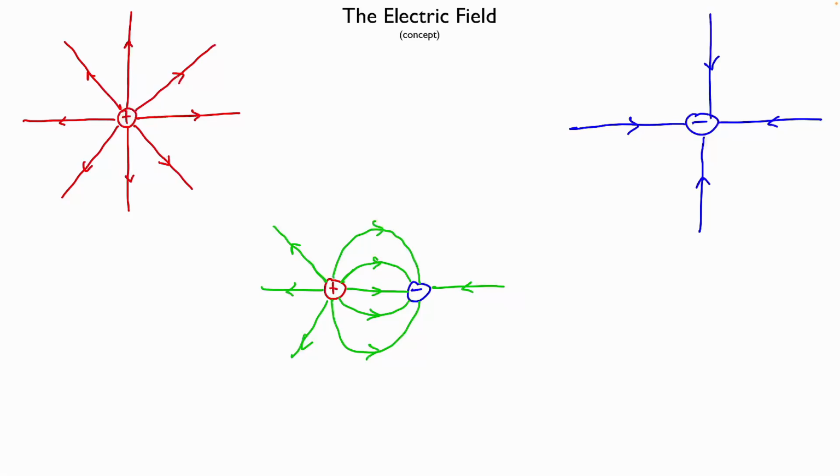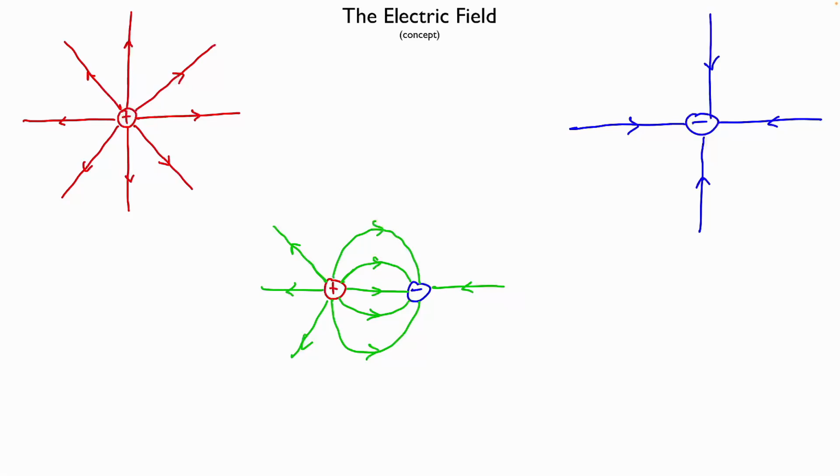But the idea here is I have to have an equal number, so right now my drawing is wrong. How many field lines do I have coming off this positive charge? 1, 2, 3, 4, 5, 6, 7, 8. I have 8 field lines coming off that positive charge. How many are on the negative charge? 6. So either these charges are different in their magnitudes, but I didn't say that.